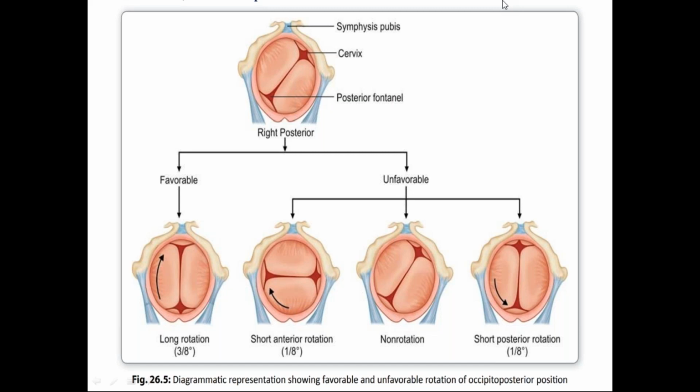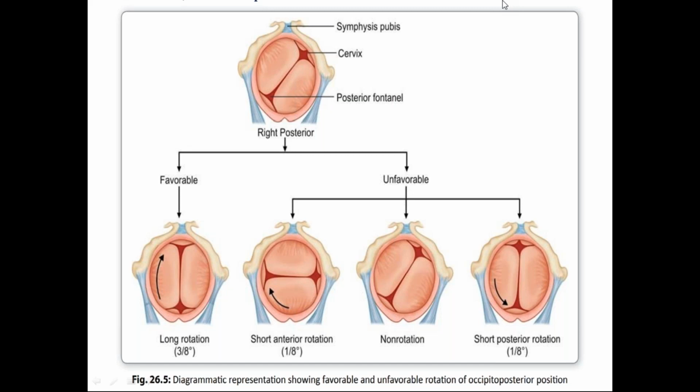This is what is there: the answer, favorable and unfavorable. If it is unfavorable, what is there? In right occiput posterior, in favorable condition there is long internal rotation, that is, the occiput will rotate toward the symphysis pubis.